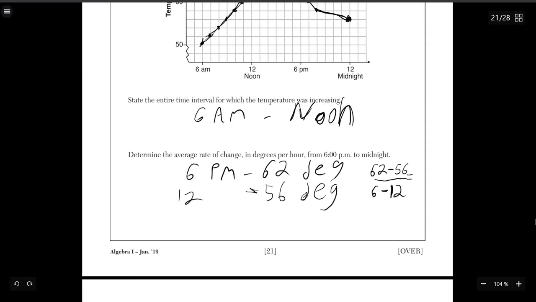Okay, and that's going to equal, if you're not sure, you can just type into your calculator, but this should equal 6 over negative 6, which equals negative 1. All right, you could have also done the other way around, 56 minus 62, but then you would have to do 12 minus 6, and you would get the same result, negative 6 up here, and a plain 6 down there. Negative divided by positive is negative, so we would get negative 1.